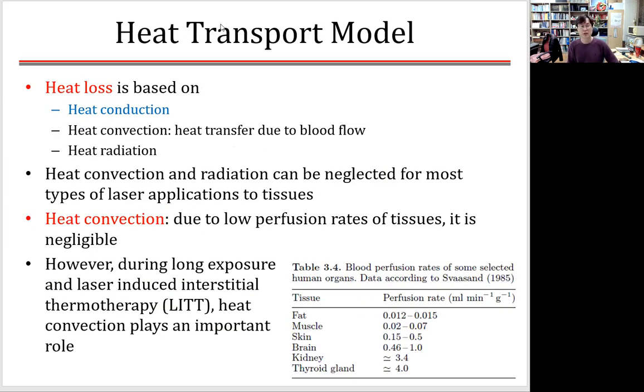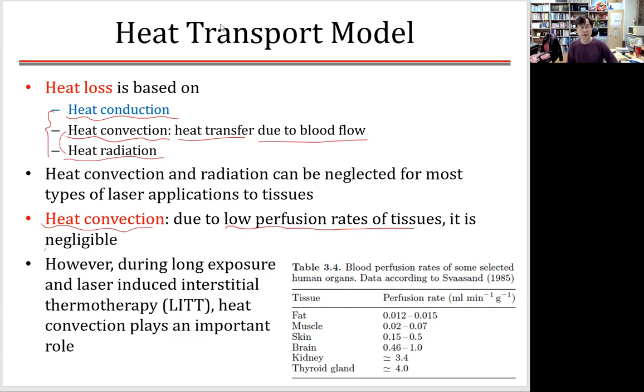Heat loss happens due to heat conduction, heat convection, which is heat transfer due to the blood flow, and also heat radiation. But heat convection and heat radiation in the tissue can both be ignored, because heat convection is very minimal due to the low perfusion rate of the tissue.